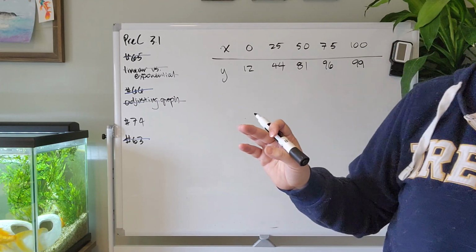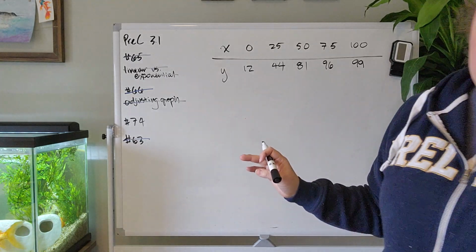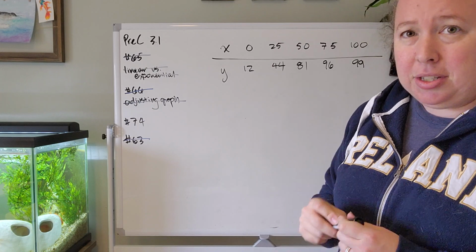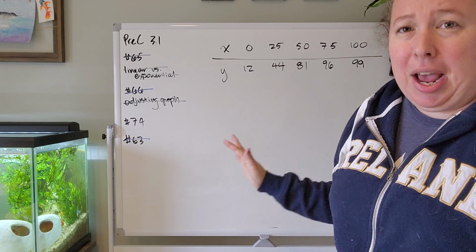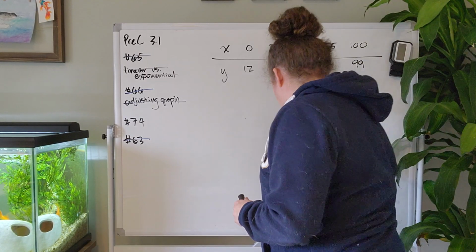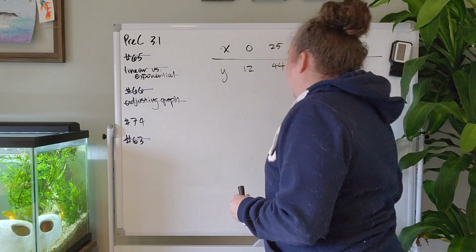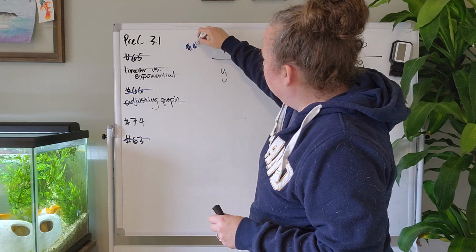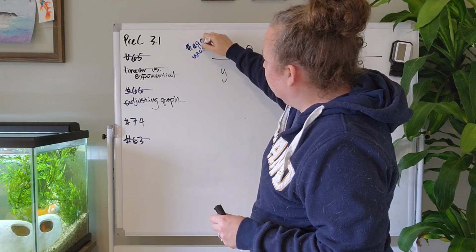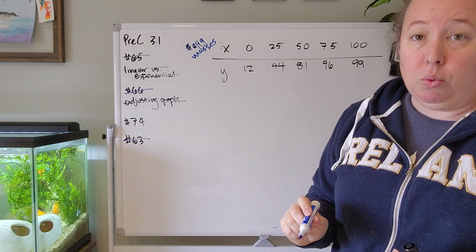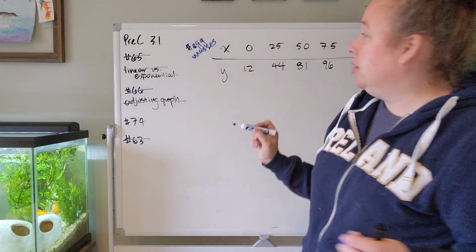One of the things that I will recommend doing right away, because X and Y in the table are not actually labeled, is to get organized with the information that we're given in the problem. Namely, this is the number of egg masses, which honestly to me sounds gross, but there it is.